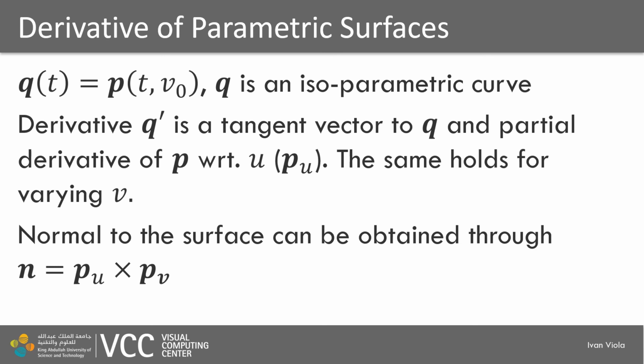These two tangent vectors actually form the tangential plane at that particular surface location. So using the cross product, we can compute the normal at that position. So the partial derivatives of parametric surfaces give us two tangent vectors, and if we create a cross product out of them, we get the normal vector at that position.